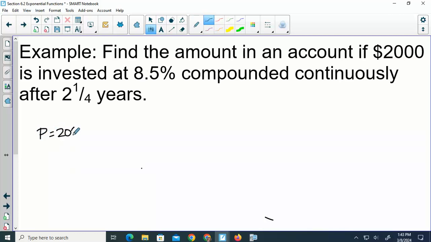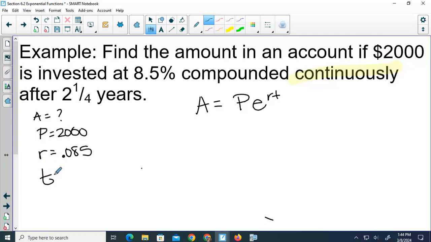So that means we are looking for A, the ending amount, the future value. The rate is 8.5%, so 0.085. Compounded continuously. Continuously tells me we are doing A equals P e to the RT power. After 2 1/4 years, so what would our time be? 2.25.